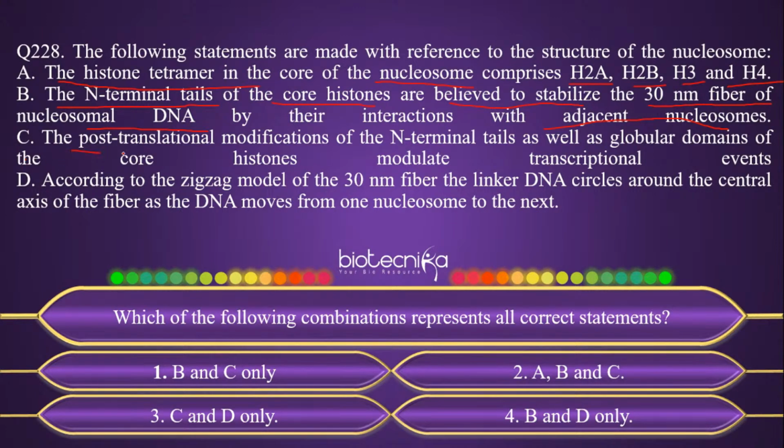C. The post-translational modifications occur within N-terminal as well as globular domains and modulate the transcriptional events. D. According to the zigzag model of the 30 nanometer fiber, the linker DNA circles around the central axis of the fiber as the DNA moves from one nucleosome to the next. Now here also you have to find out the correct combination of statements.